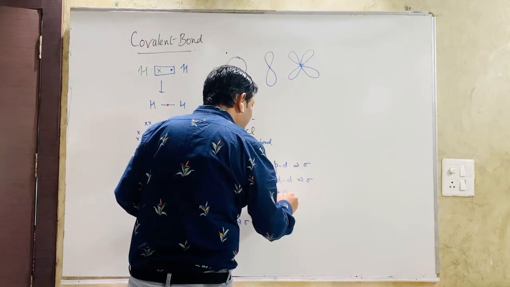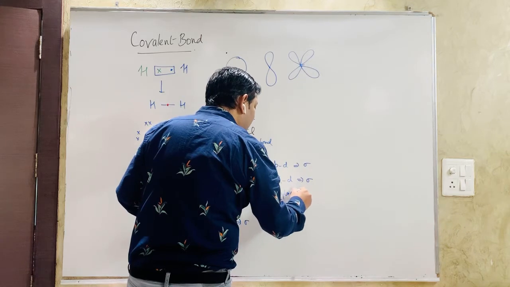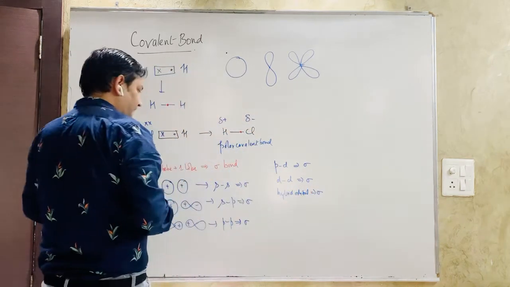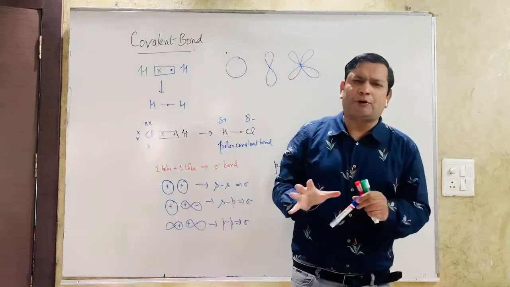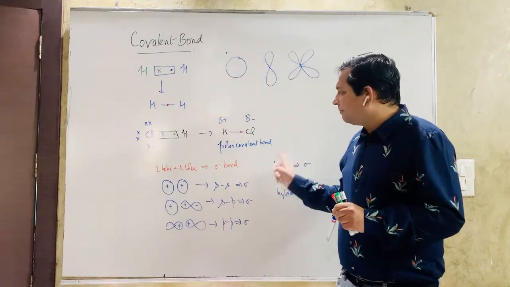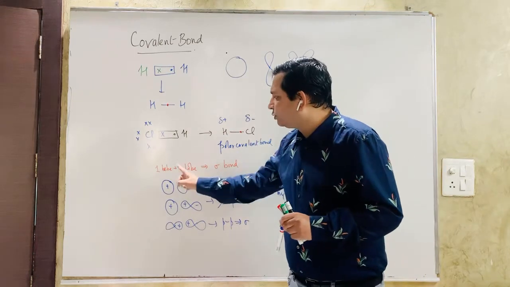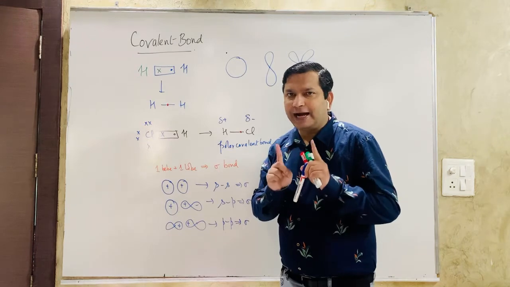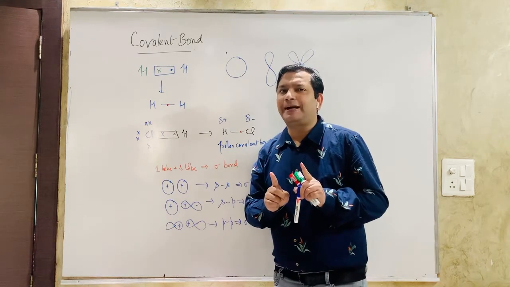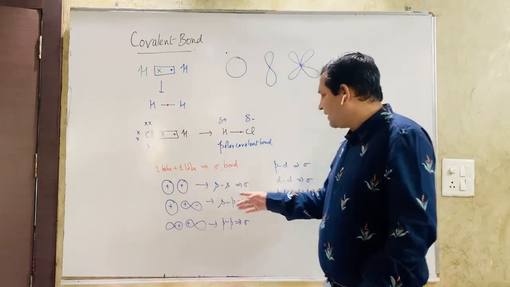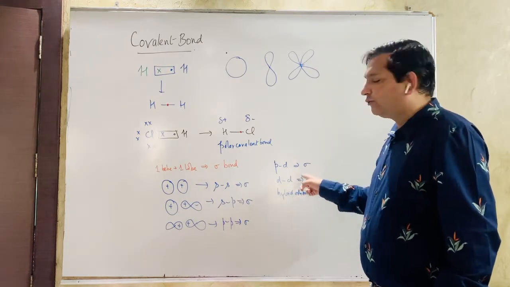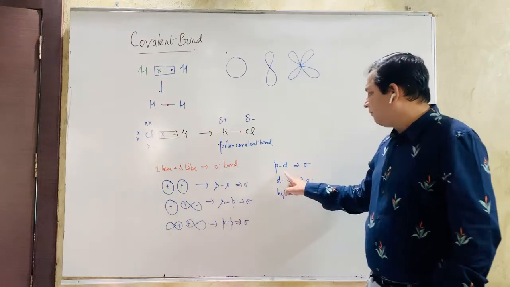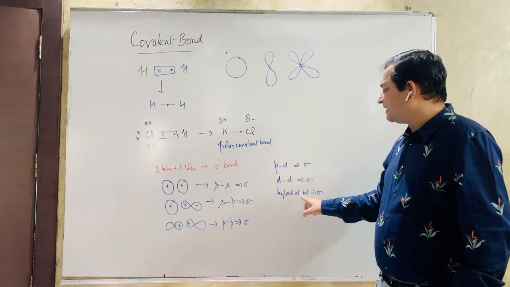And hybrid orbitals also form a sigma bond. This is something very important: a sigma bond is formed by the overlap of two lobes coaxially. So we can have these types of lobes interacting to form sigma bonds. One is ss, one is sp, one is pp, one is pd, one is dd, and one is hybrid orbital.